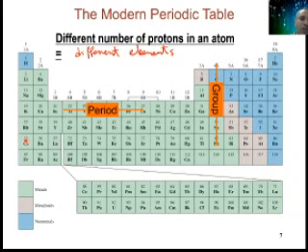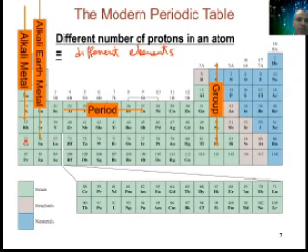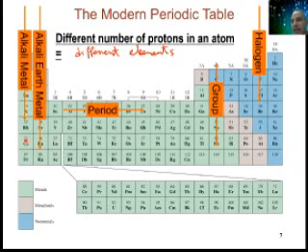So group 1 is called the alkali metals. Group 2 is called the alkaline earth metals. And group 7A is called halogens, and group 8 is called noble gases.